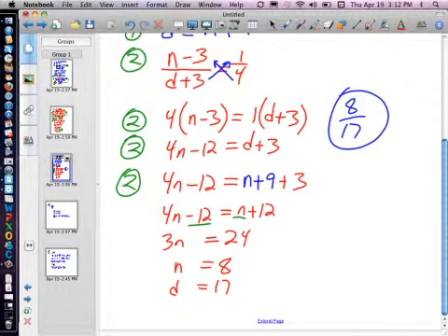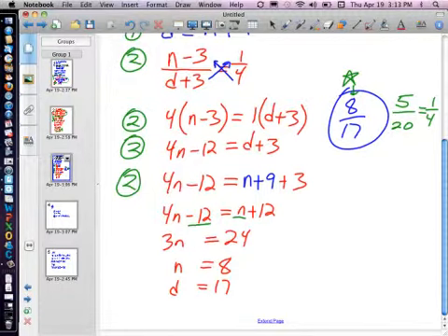Check. That works. If the numerator is decreased by 3, that would make it 5. And the denominator were increased by 3, that would make it 20. The value of the resulting fraction is 1/4. That is a true statement. So now we know that this is the correct answer.